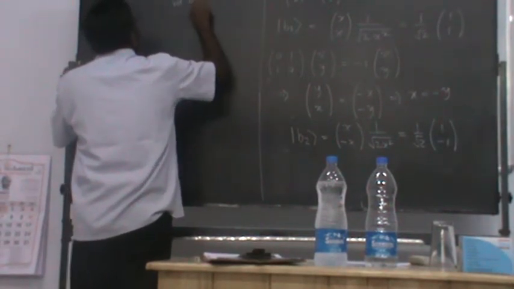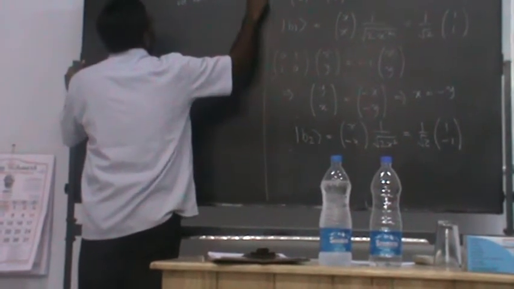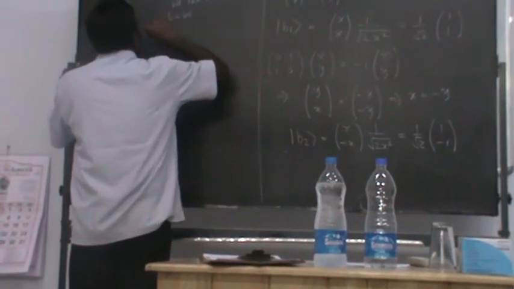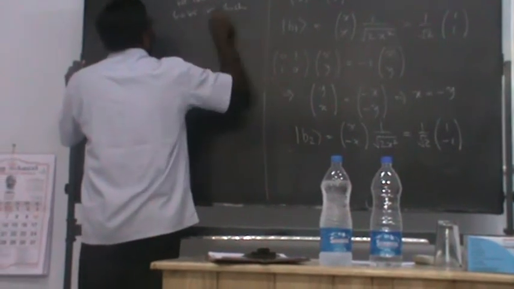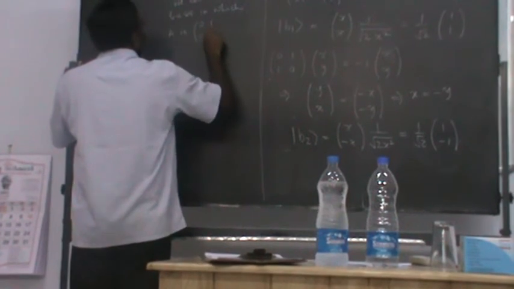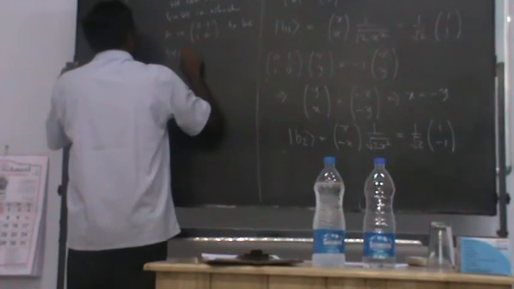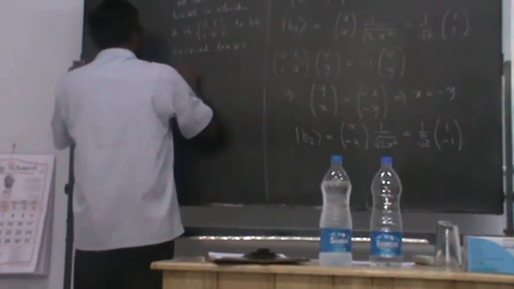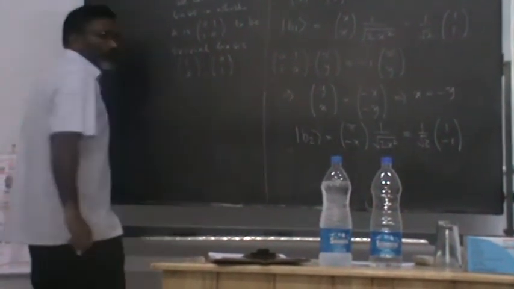So, without any loss of generality, we can assume the basis in which A is 0, 1, 1, 0 to be a basis, that is, the basis is given by (1, 0), (0, 1).